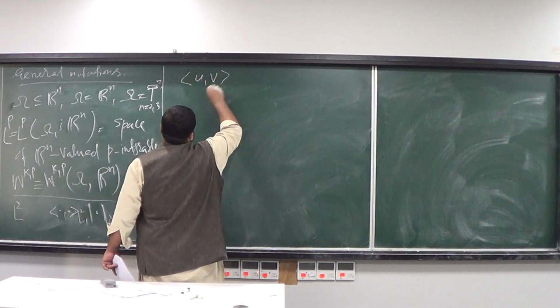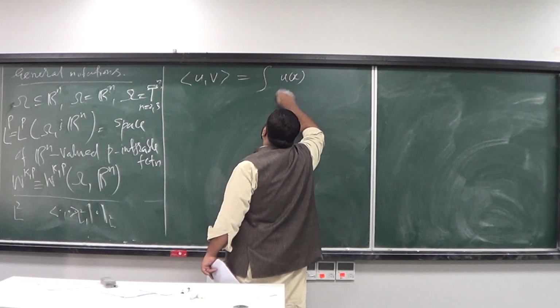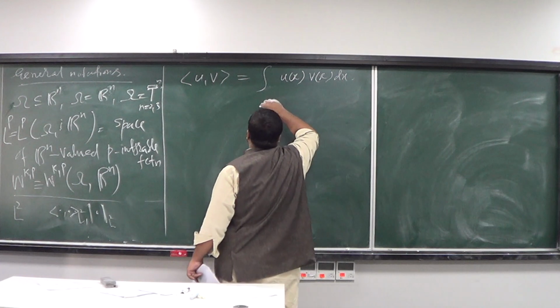If you have u and v, the inner product means you take u of x and v of x, multiply them, and integrate over omega with respect to dx.